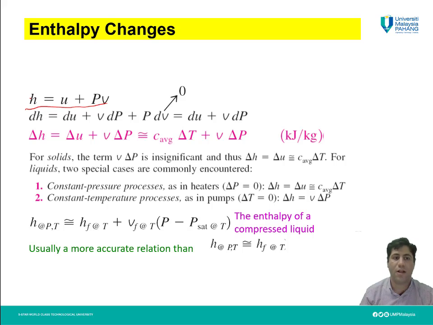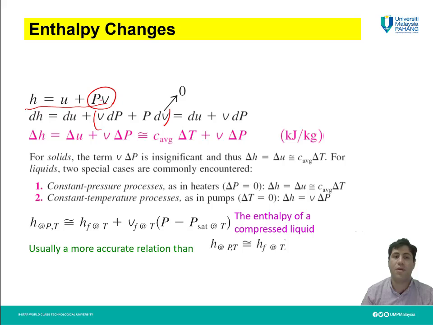Generally, you know that enthalpy H is equal to U plus PV, where U is internal energy, P is pressure, and V is the volume or specific volume of the substance. If we differentiate both sides of this equation, it will be dH equal to dU plus V dP plus P dV. This part is the derivative of the multiplication PV.